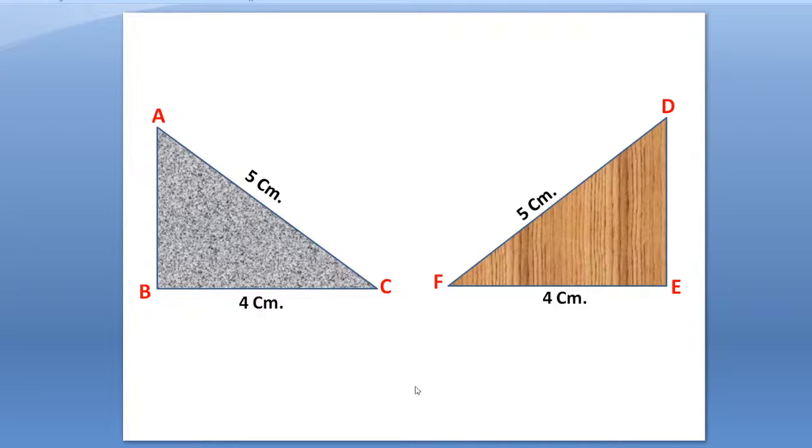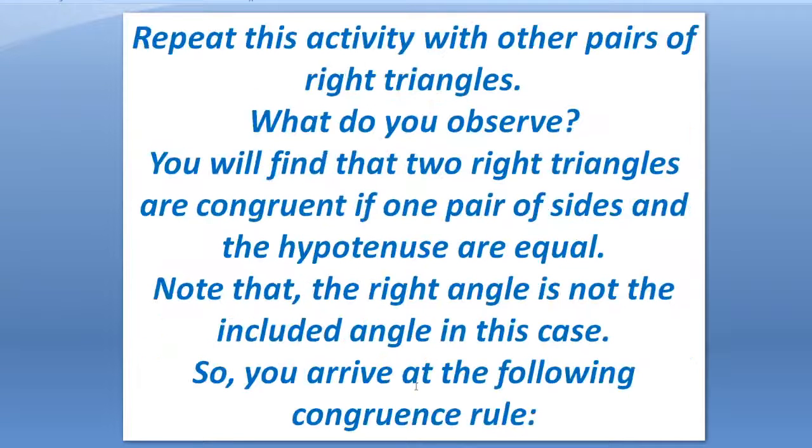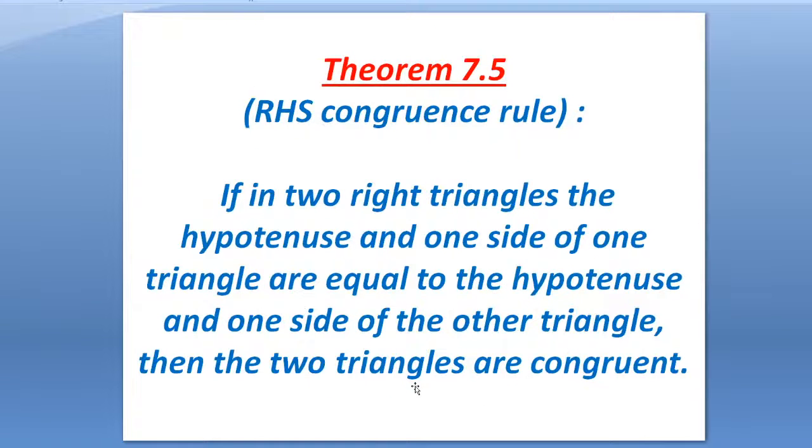Repeat this activity with other pairs of right angled triangles and you will find that two right angled triangles are congruent if one pair of sides and the hypotenuse are equal. Note that the right angle is not the included angle. This is an important one.